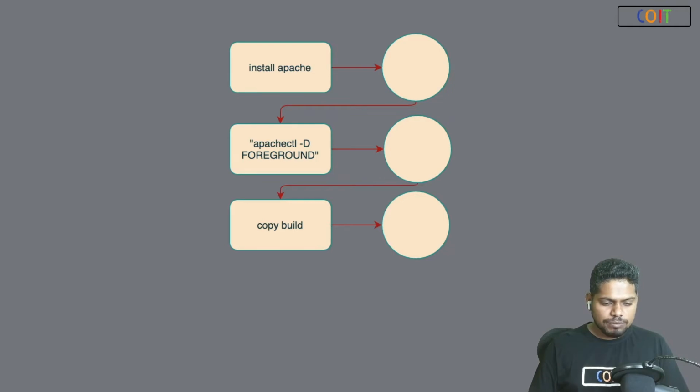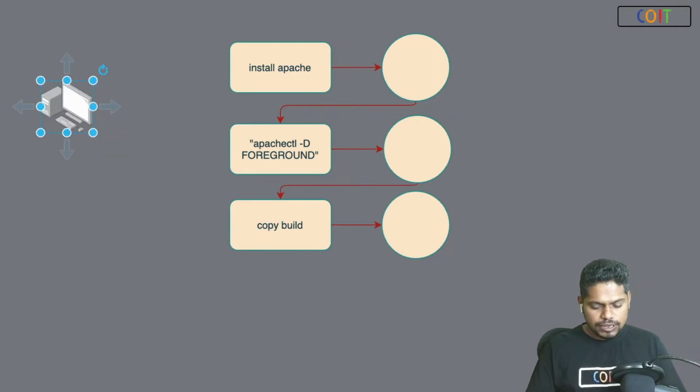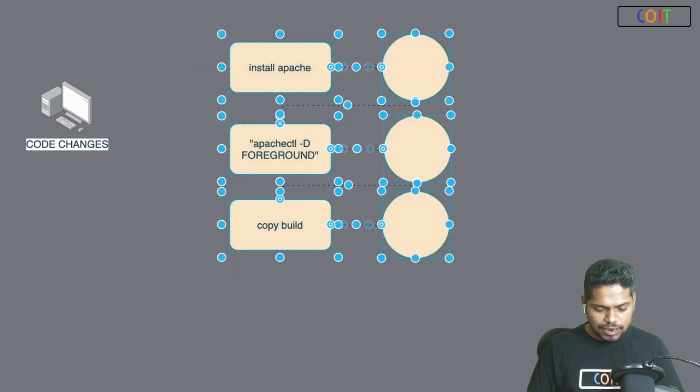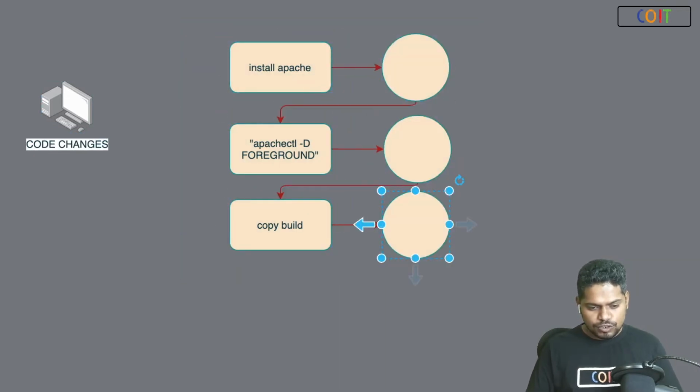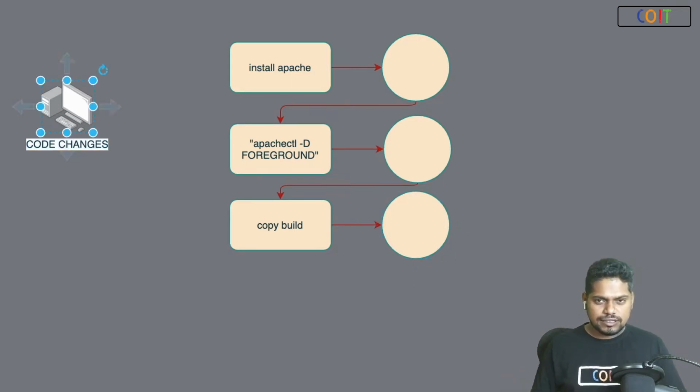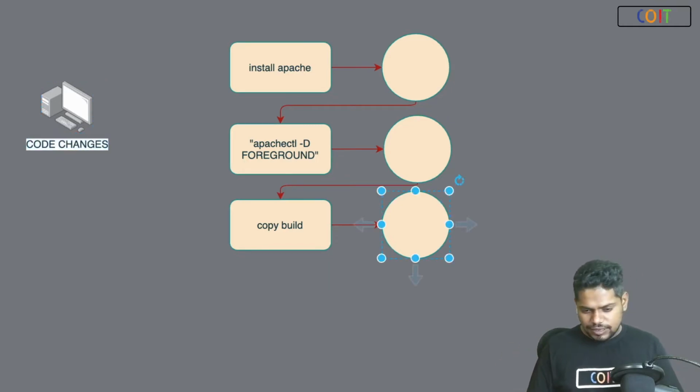My developer on his laptop makes the code change, right? Then I have to again create the final image of my application. So when the CoIT frontend code changes, I want a new final CoIT frontend image. It changes at 10 a.m., it changes at 11 a.m. Every time the code changes, I want to create a new final image.